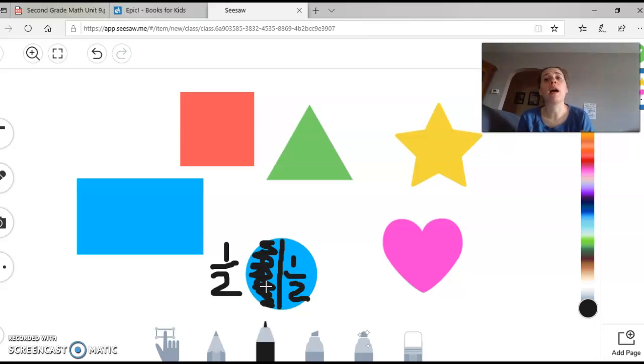Okay, so now I've got some other shapes on here. Let's talk about my rectangle. If I find the middle and I cut it right down the middle, I cut my rectangle into half. Here is 1/2, and here is 1/2.